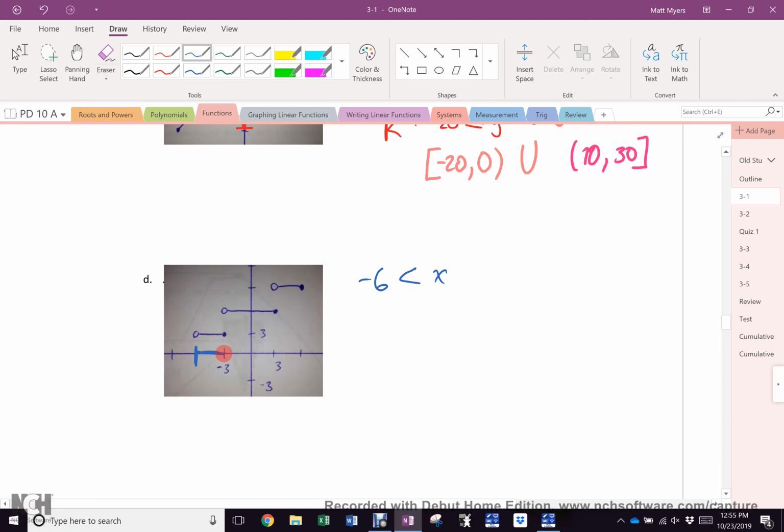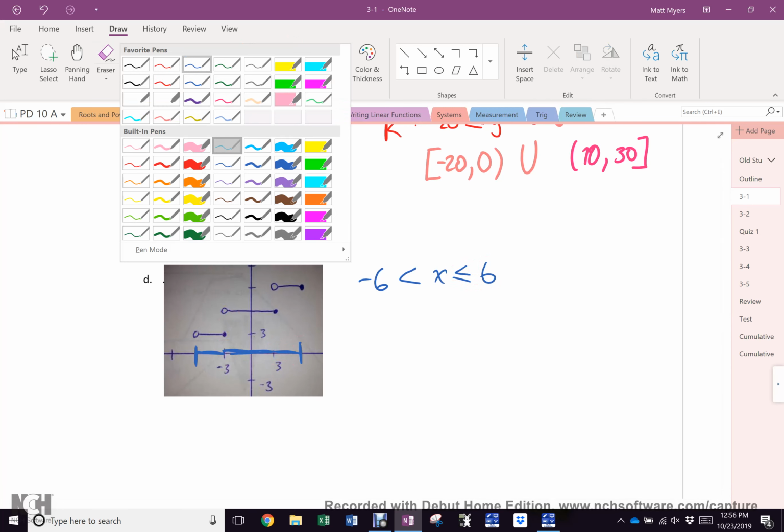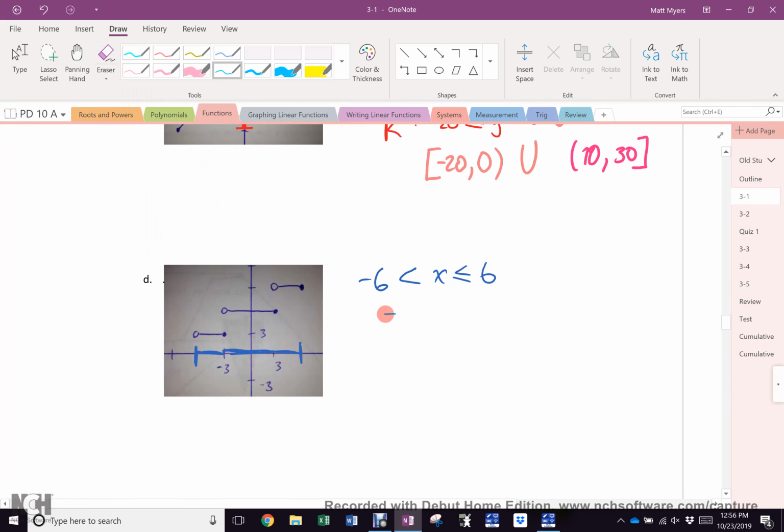Some of you will say it ends here, but does it? No, because it starts again right there. Well, it certainly ends there. No, why not? Because it starts again. Where does it end? What kind? There you go. And what is the interval? Soft bracket, -6, 6 hard bracket.